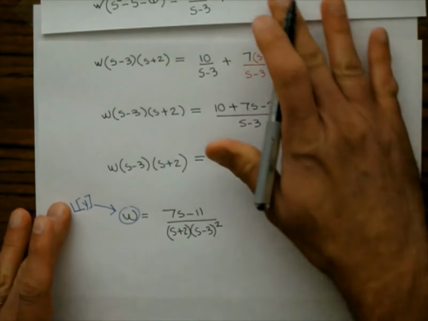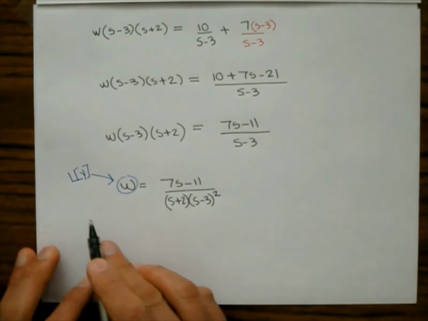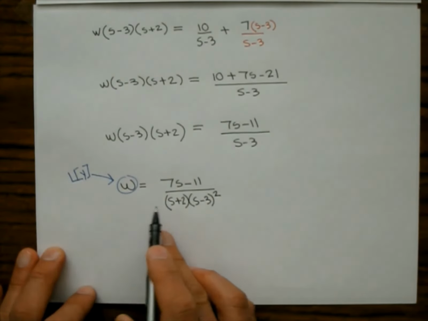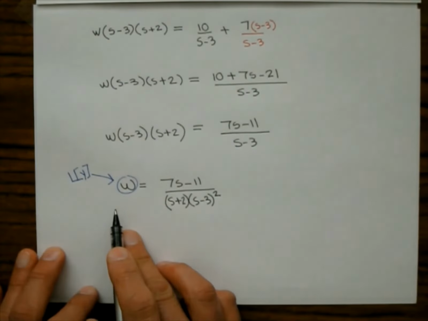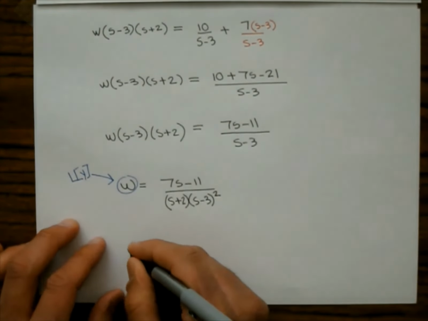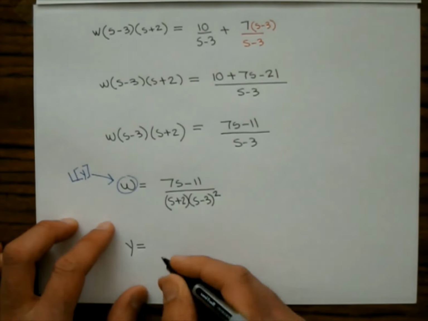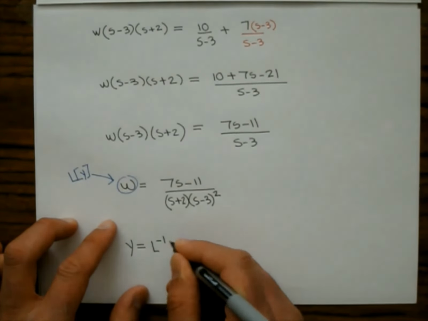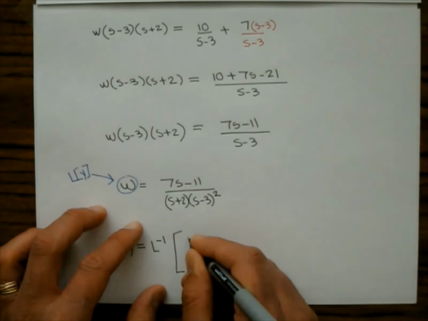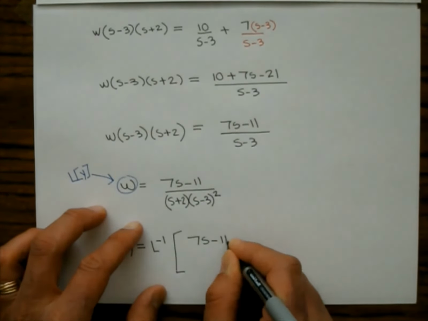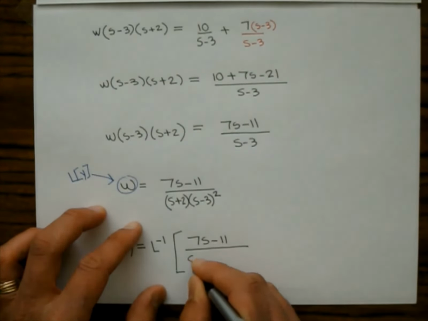And so what I want to do is I want to take the inverse Laplace transform on both sides of the equation, and what this would give me is y equals the inverse Laplace transform of this expression right here.